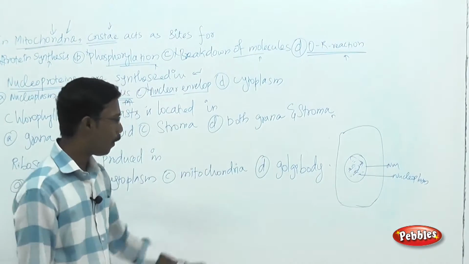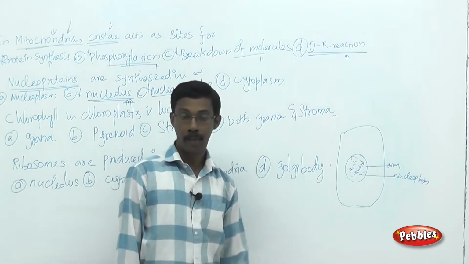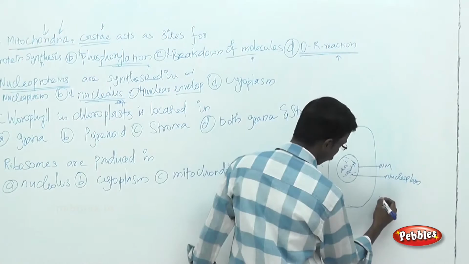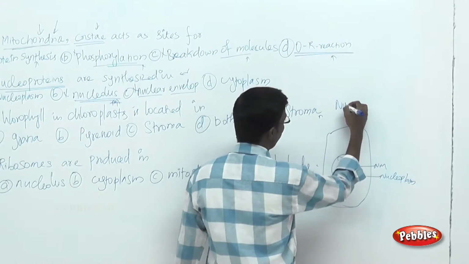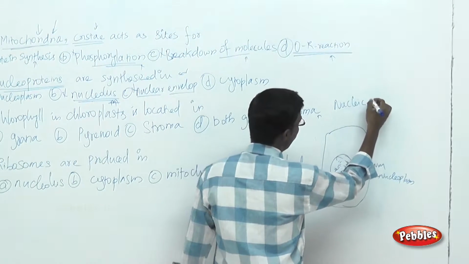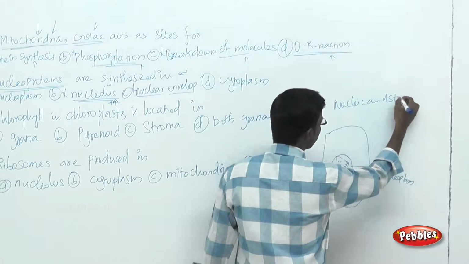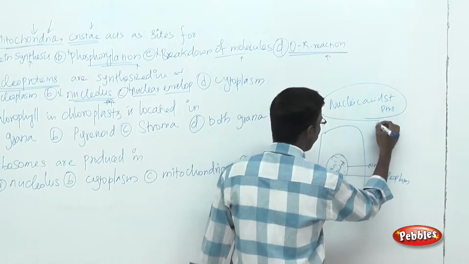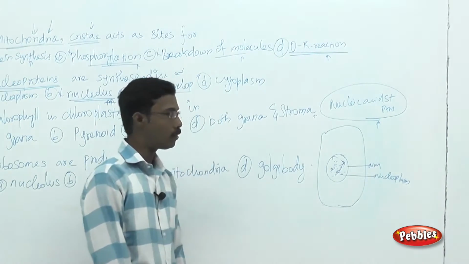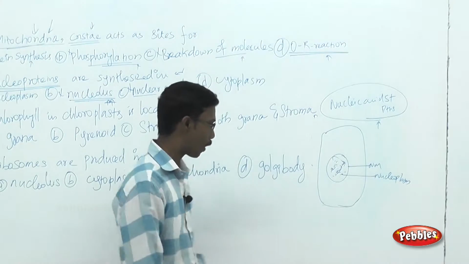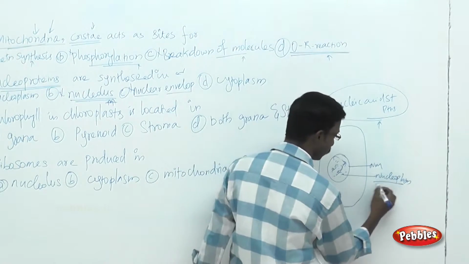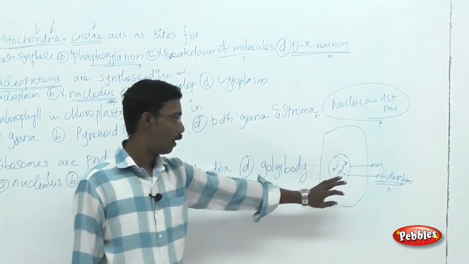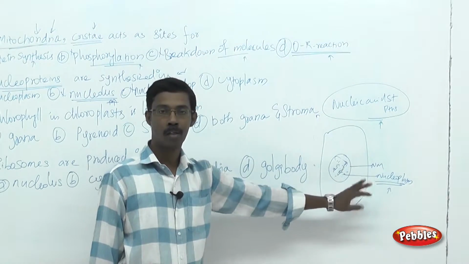You may think the nucleoplasm is the site for the synthesis of nucleoproteins. What are nucleoproteins? Proteins that contain nucleic acids and some proteins. The combination of nucleic acids and proteins is called nucleoproteins. But nucleoplasm is also the wrong choice.